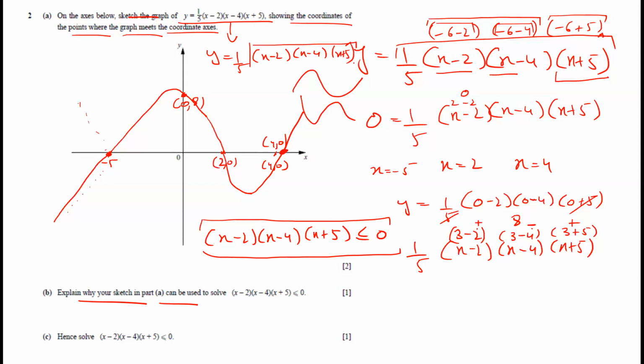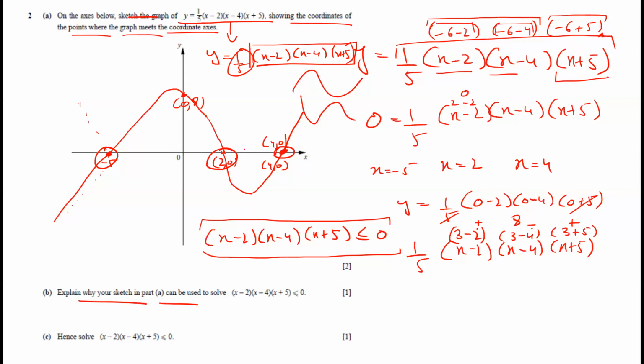Now if you multiply this whole expression by 1/5, the x-intercepts will not change.